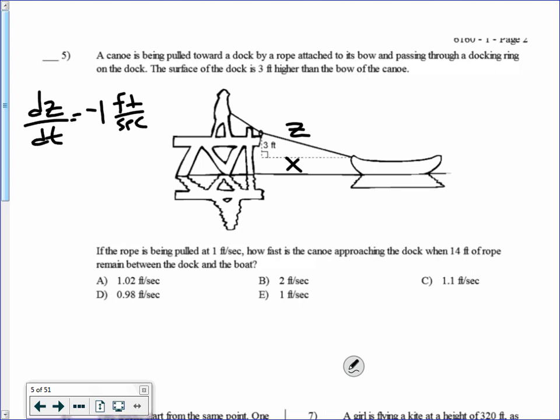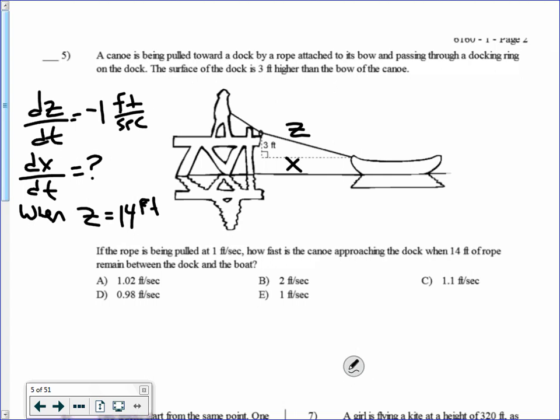So what are we looking for? dx/dt. When 14 feet of rope remain between the dock and the boat. So when z equals 14. Okay. So that's the setup for this one.